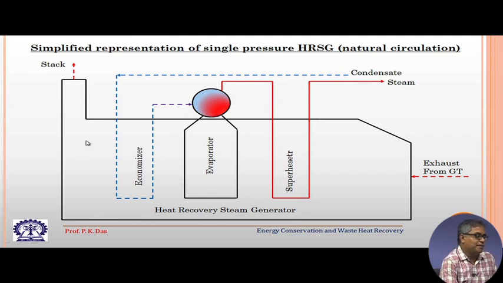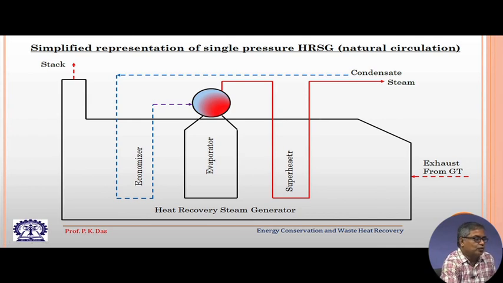Ultimately, when we have recovered enough heat from it, it goes to the stack or chimney. So, we are supporting one steam power plant with the help of this thermal energy.